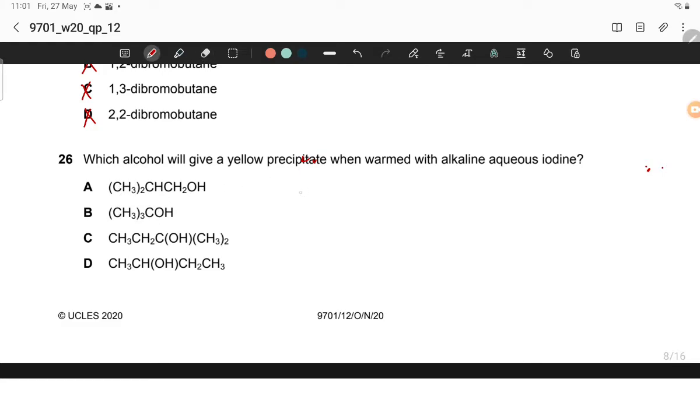This compound, CH3, CH3, H, CH, CH2 and OH.